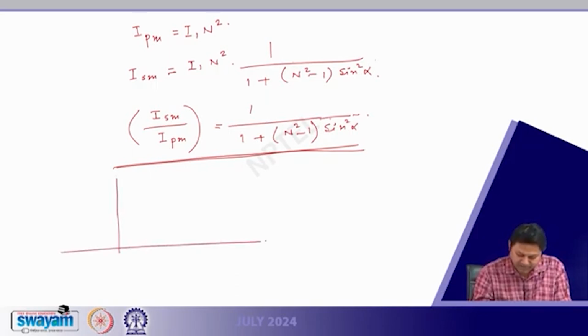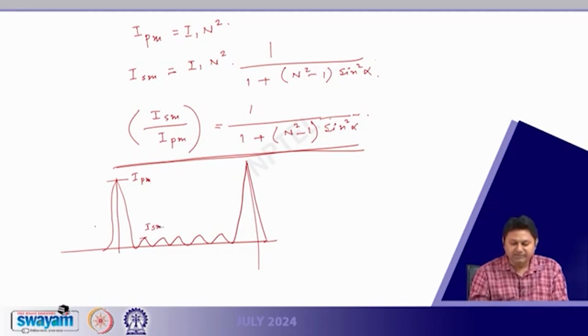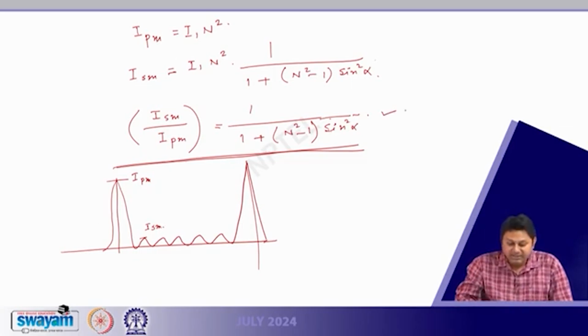So, this is the principal maxima and these are the secondary maxima. There are many secondary maxima. The ratio of the intensity between the principal and secondary maxima, this is I PM, and here this is I SM. I calculate the intensity of the principal and secondary maxima, and that comes out to be this. By putting in the value of n and others, one can find the ratio.